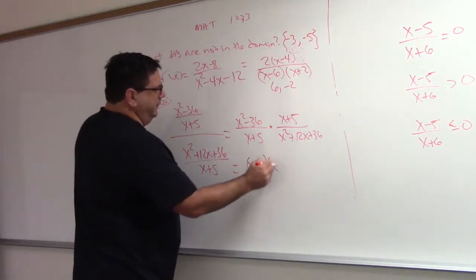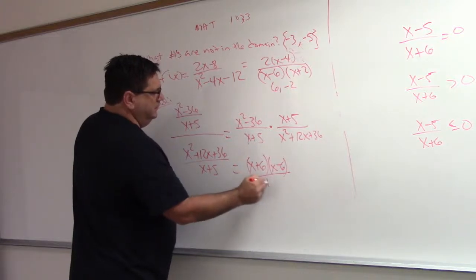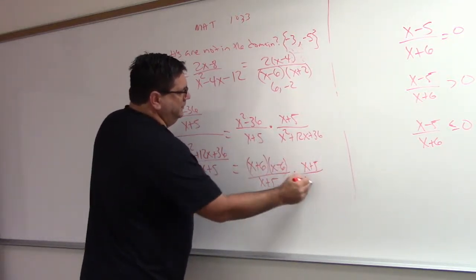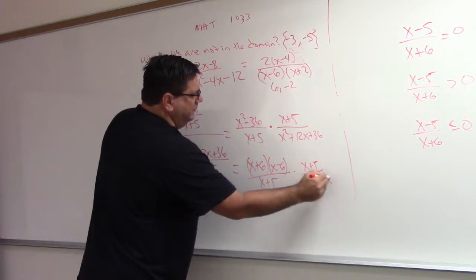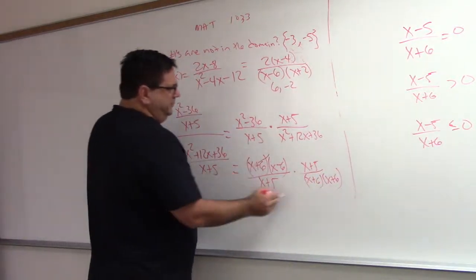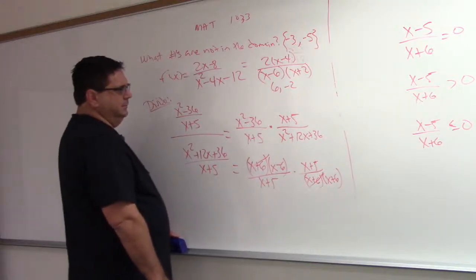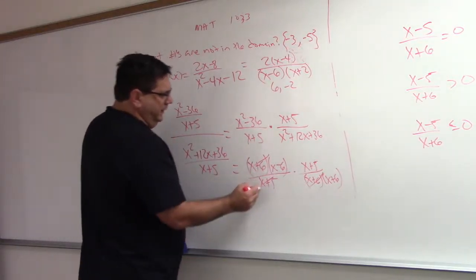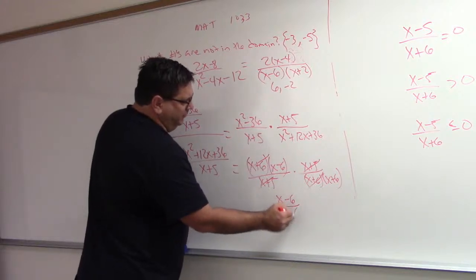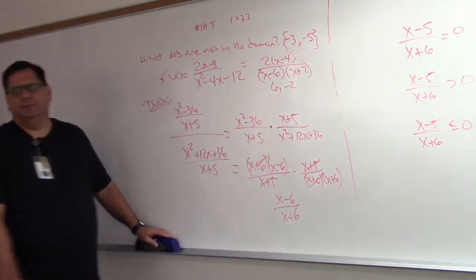X plus 6, x minus 6, and x plus 6, x plus 6. The x plus 6's cancel. The x plus 5's cancel. Leaving us with x minus 6 over x plus 6.